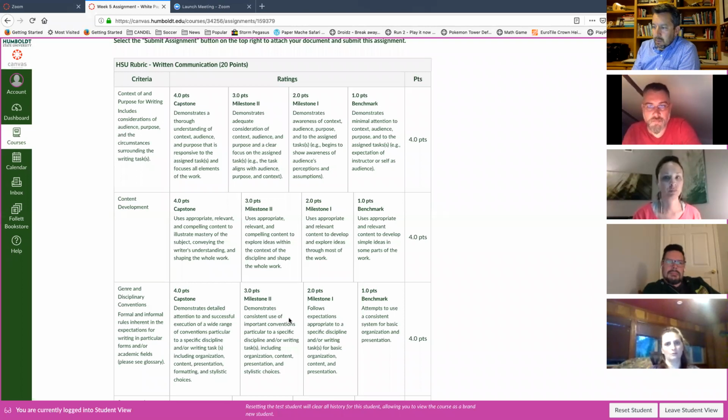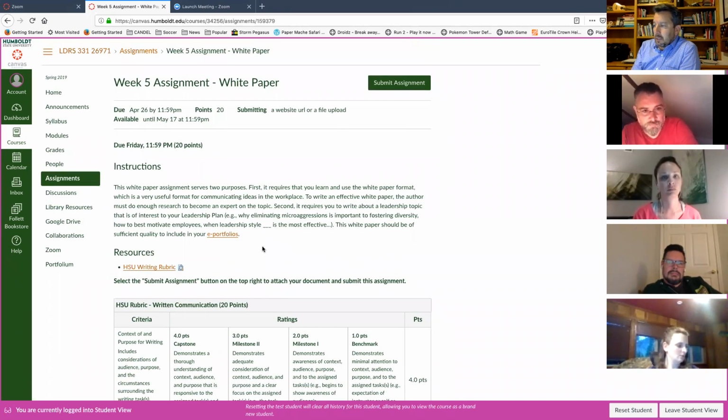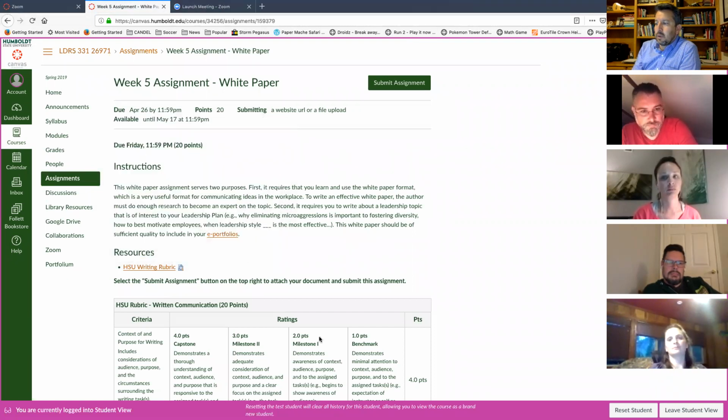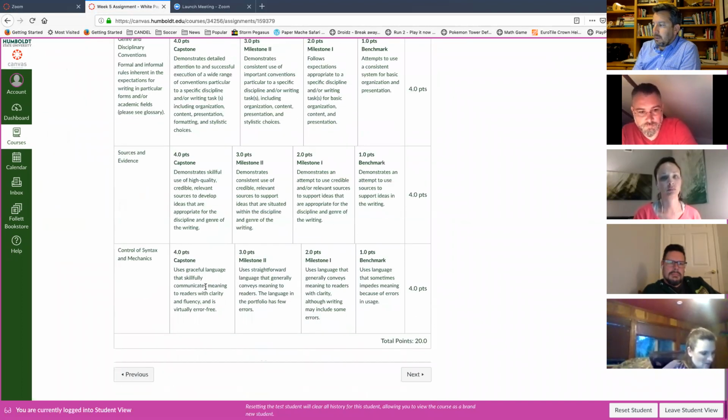I think I have another rubric that addresses more the white paper format, but let me see where this one takes us. I don't know if that one opened up. I'm not going to open that one up, but if you follow this, you'll be in good stead.